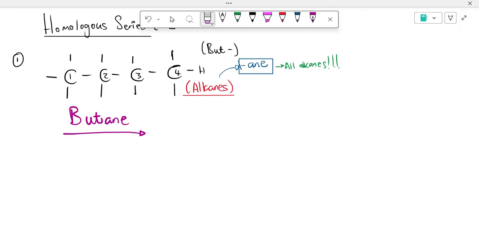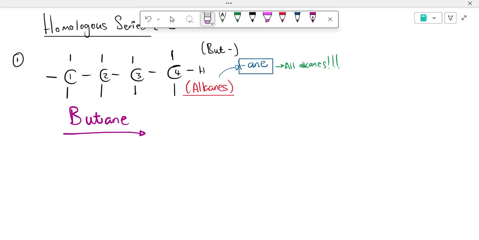How will you know just by looking at the name? If something is but, it must have four carbons. If something is ane, it must be an alkane. But how many hydrogens will I have?